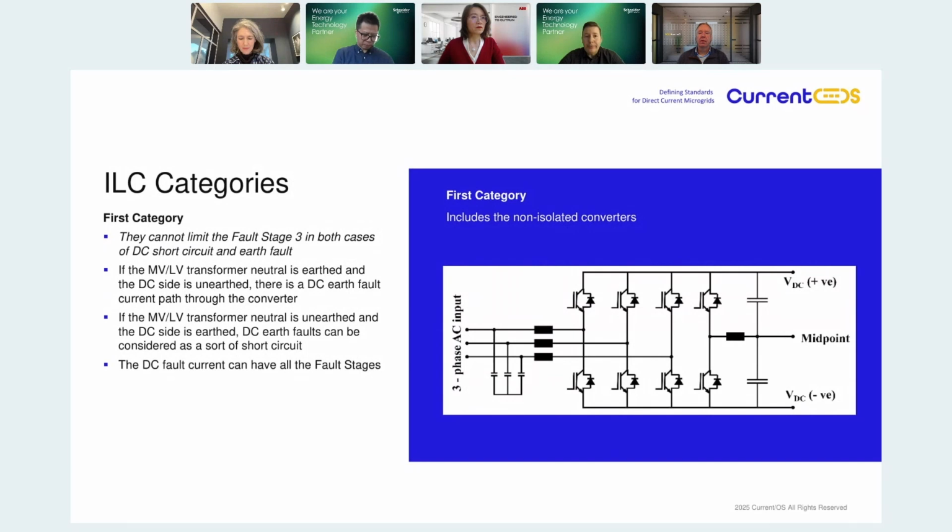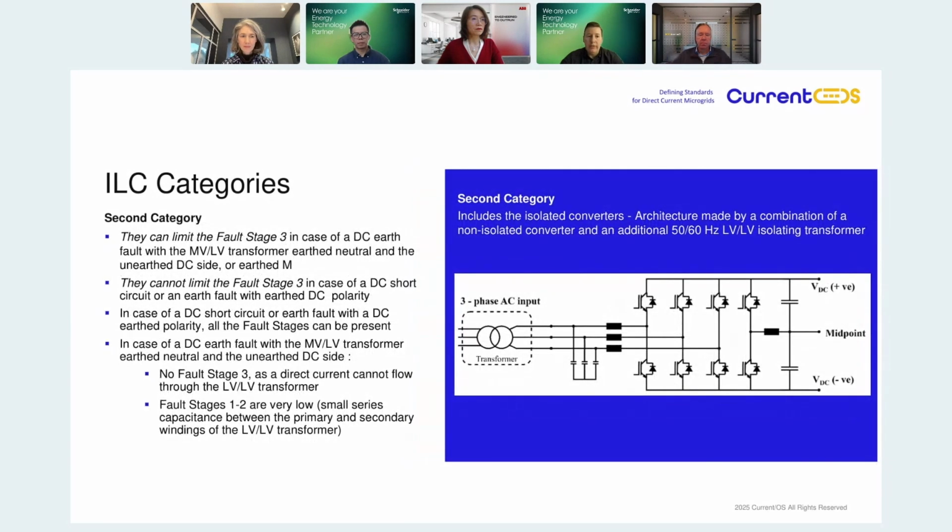Instead, if the DC part is grounded and the neutral of the transformer is ungrounded, I remind you that we cannot connect both active parts towards ground in a non-isolated converter, in order not to create an internal fault. If we have the DC part grounded, it is basically like having a short circuit on the DC side. So basically all the stages of the fault are present in this type of converter.